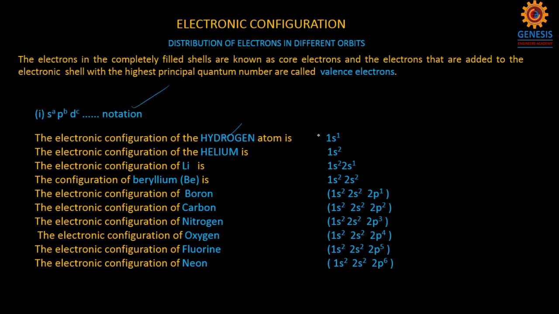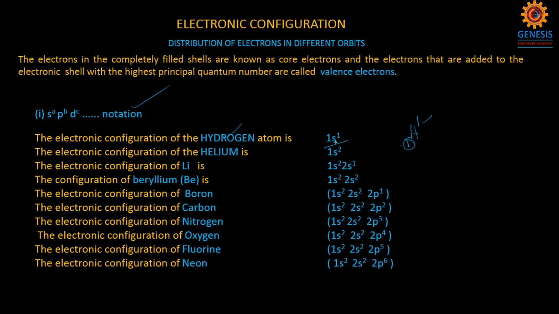So for hydrogen, the atomic number is 1 and the mass number or atomic weight is 1. Since Z is equal to 1, that is, protons equal electrons, you have only one electron that has to be filled in 1s1.